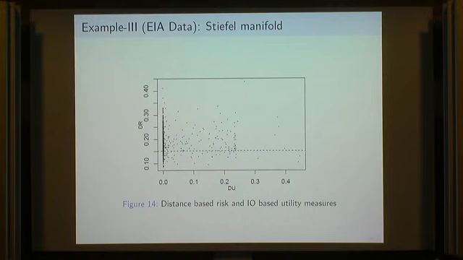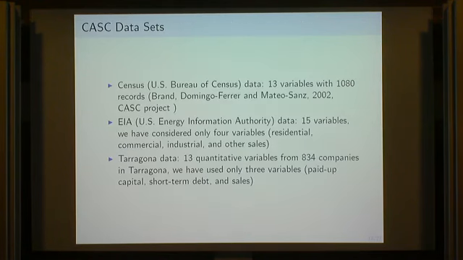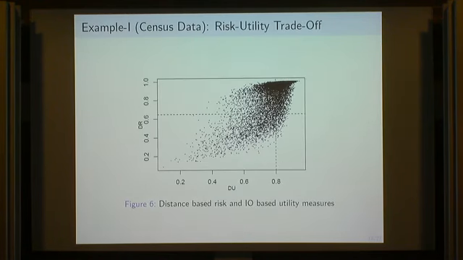Here we can see, for census data, in terms of risk and utility, when you are generating data from the eigenvalue decomposition and Slutsky's theorem, this is probably not too bad.